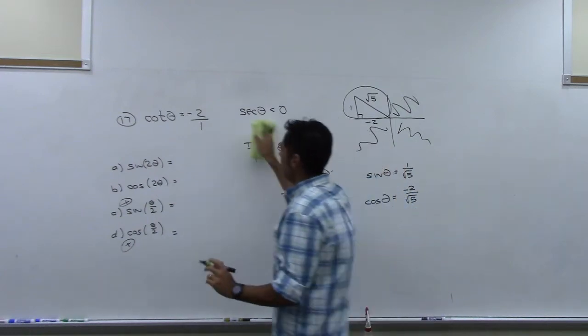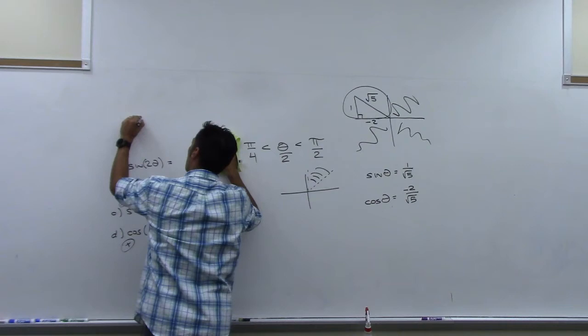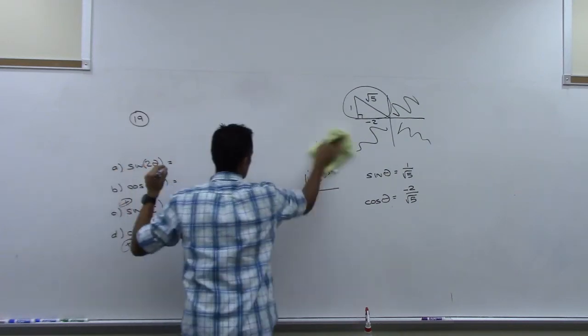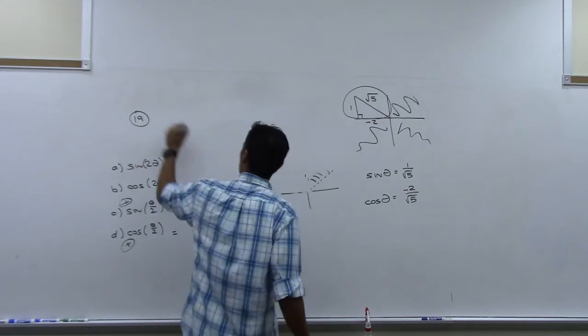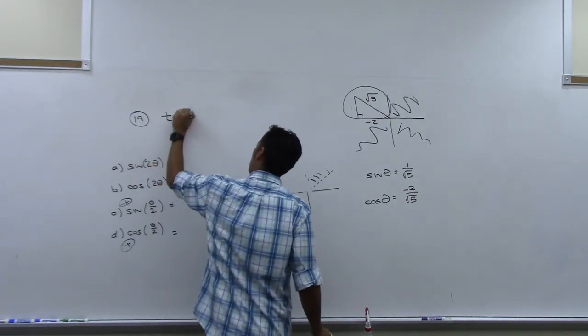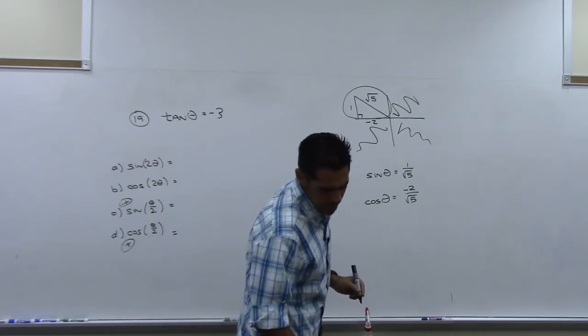Okay, for 19, I'm just going to set up the triangle. Tangent theta is -3, and sine theta is negative.